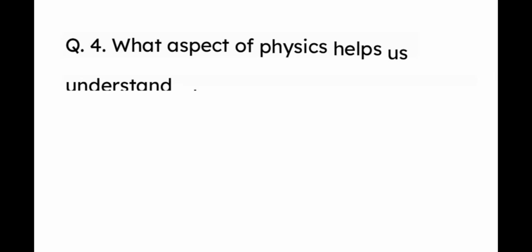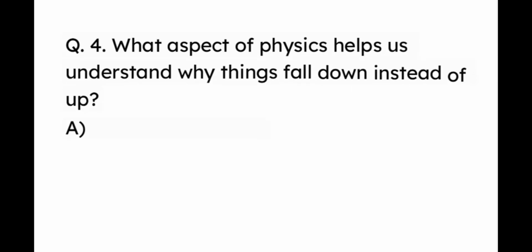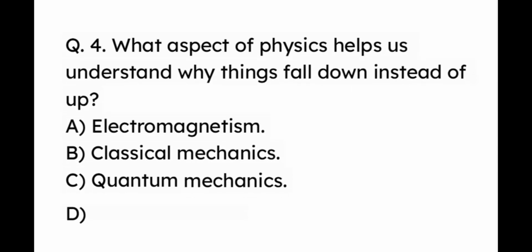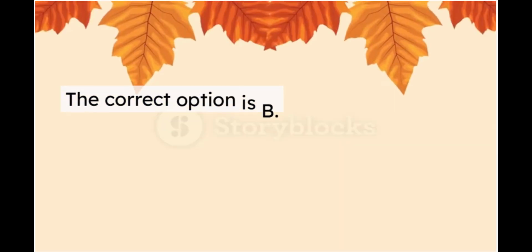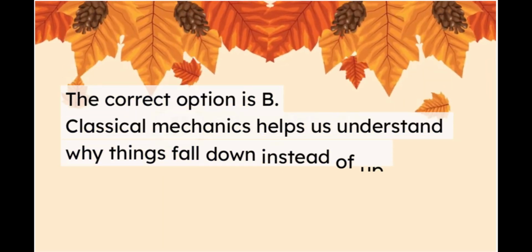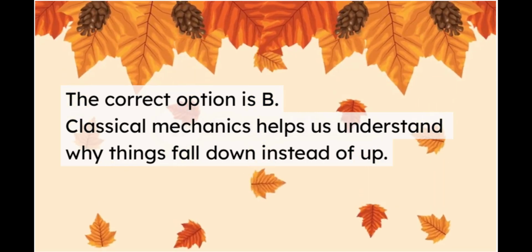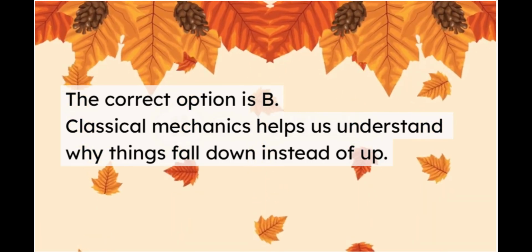What aspect of physics helps us understand why things fall down instead of up? A. Electromagnetism. B. Classical mechanics. C. Quantum mechanics. D. Nuclear physics. The correct option is B. Classical mechanics helps us understand why things fall down instead of up.